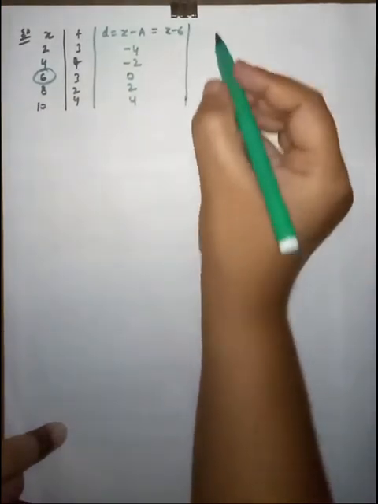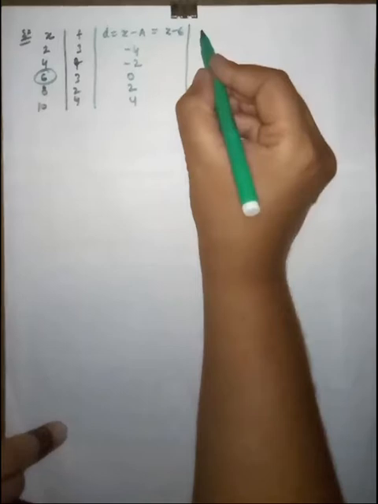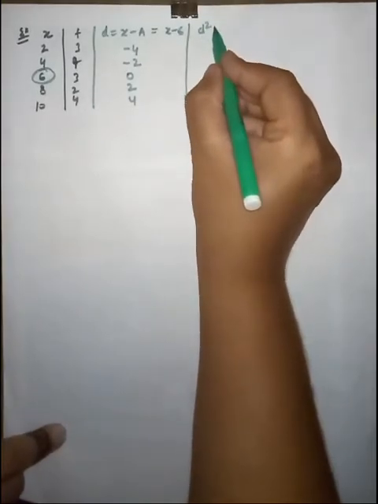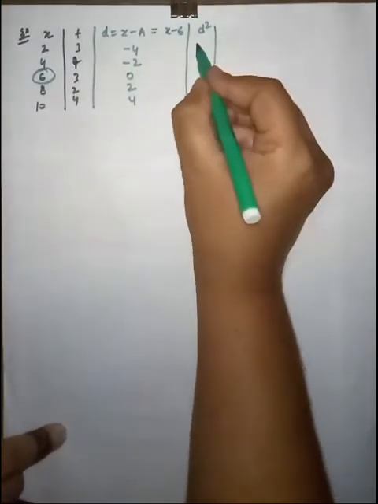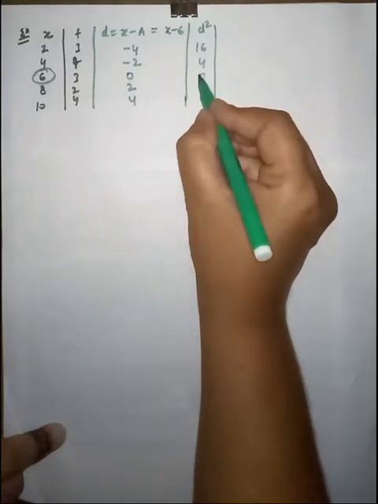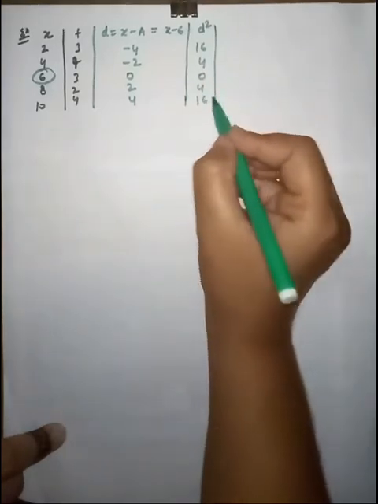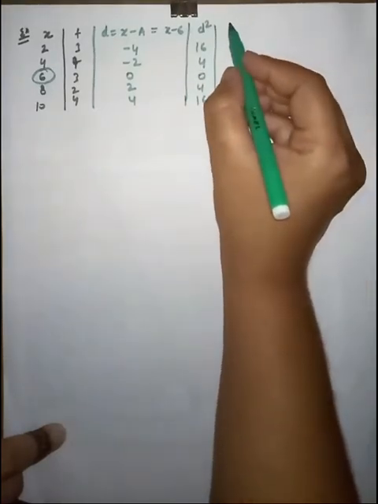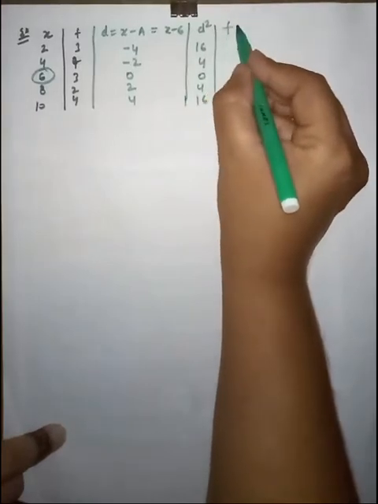Now find d square. Make the column of d square. This is 16, this is 4, this is 0, this is 4, and this is 16. Right? Now find the fd column.